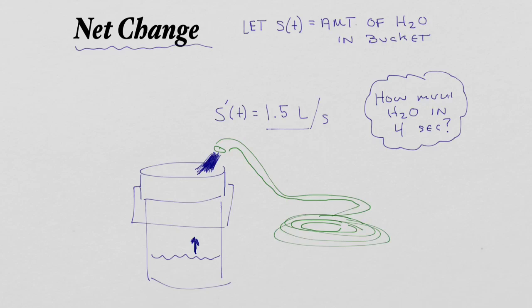And this is easy to calculate simply by taking the constant rate multiplied by the time, or in our case 1.5 by 4, in order to get 6 liters. In other words, I took S prime of t multiplied by the duration of the time, which was 4 seconds, and calculated my quantity of water that way.